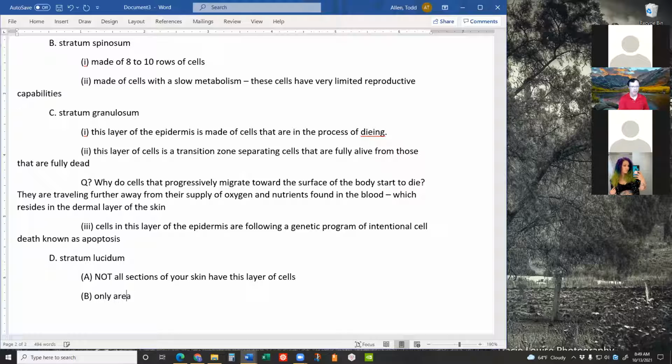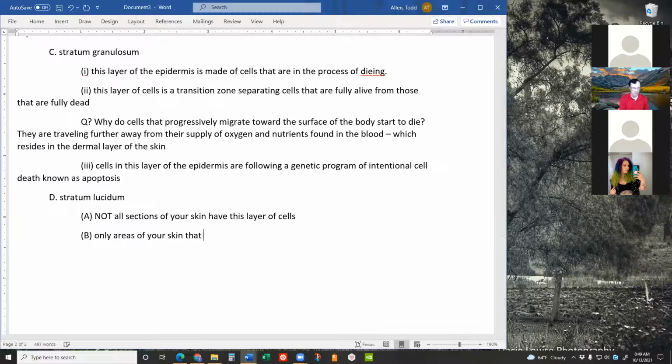Only areas of your skin that are constantly exposed to friction and abrasive forces, such as working with your hands, if you make a living doing a lot of manual labor to build a house, or you work in a factory somewhere and you're touching things constantly, right?